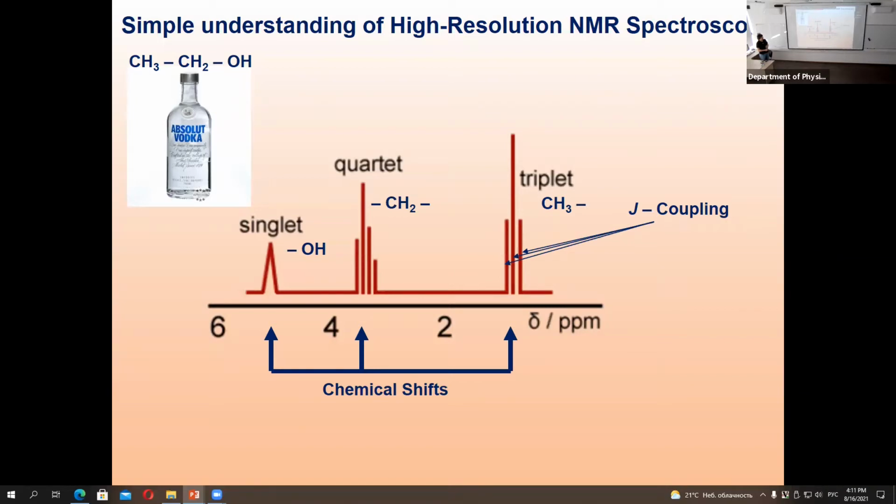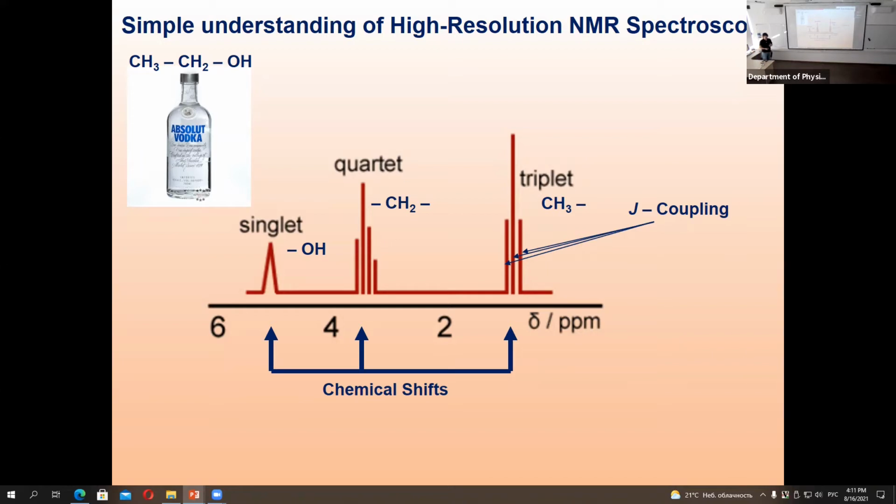So for CH3 groups, chemical shift is about 1 or 2 ppm. For CH2, it's about 3 ppm, and so on. So having a spectrum, you can get information about chemistry. That is why high resolution spectroscopy, NMR spectroscopy, is considered one of the most effective methods for chemical analysis.